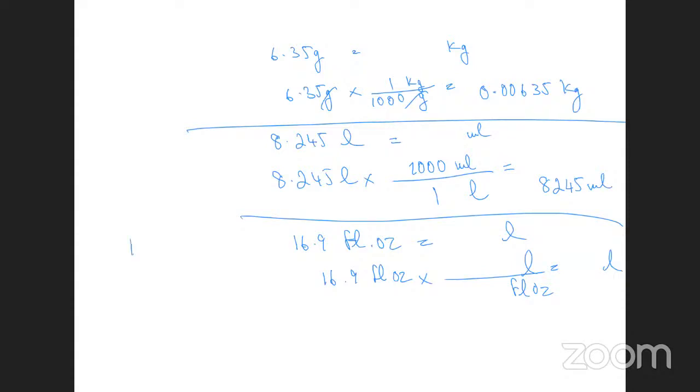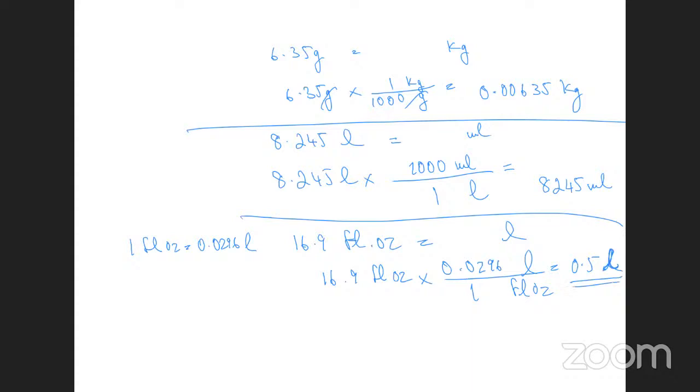What I have here is 1 fluid ounce equals 0.0296 liters. So now that we have the value 0.0296, simply multiplying, I get roughly 0.5 liters. L, this is L for liters.